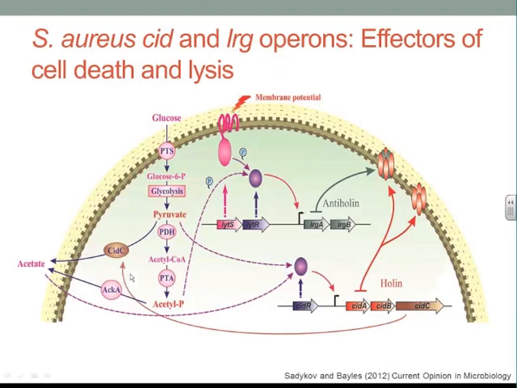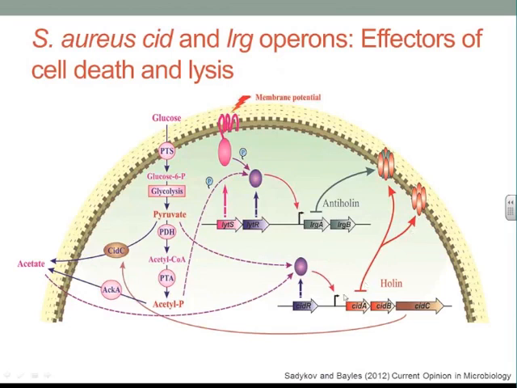As I previously alluded to in the last slide, we believe that these two operons are vectors of cell death and lysis. And what we propose is that CidA is in fact a holin-like protein. Now, for those of you who don't know what a holin protein is, holins were previously thought to be only from bacteriophages, and they allow the cells to form pores and lyse the cells open.